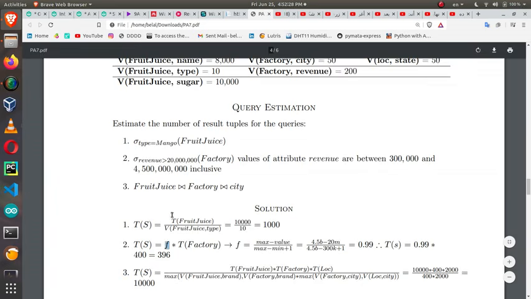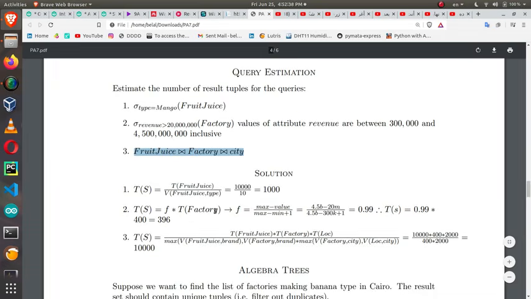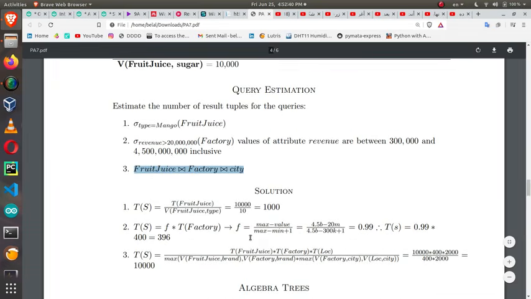The last one is to join fruit juice, factory, and location, to join the three tables together. Let's multiply the number of tuples in fruit juice by the number of tuples in factory, and by the number of tuples of relation location, over the maximum number of distinct values for each pair of these three tables.